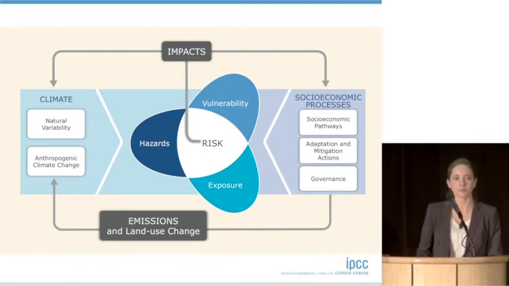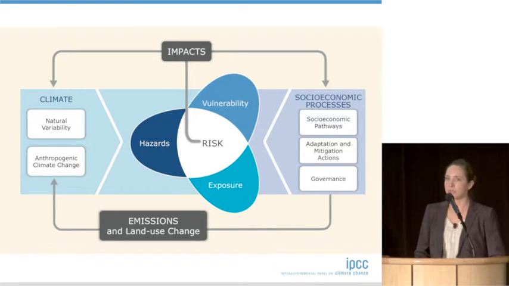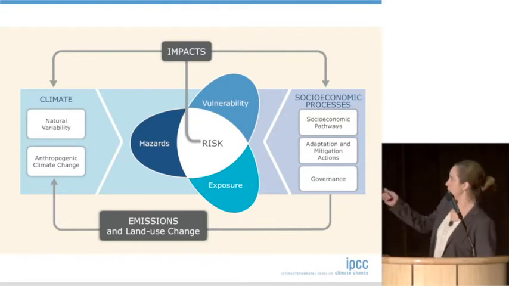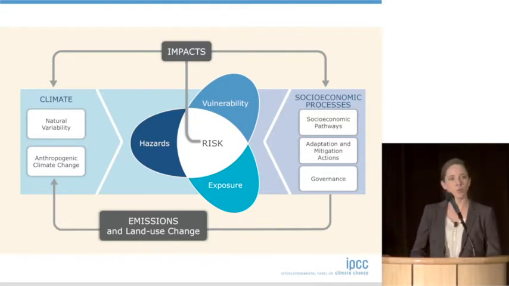And in this final slide, I'm going to walk through a whole bunch of different entry points for responding to climate change. So this is the figure that Mike started with, showing these different determinants of risk: the physical hazard, vulnerability, exposure, with climate and society impinging on those risks and affecting them. And then stepping through the different parts here, I'll consider some of the different entry points for reducing risks and responding to climate change.